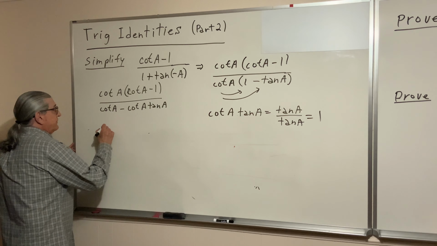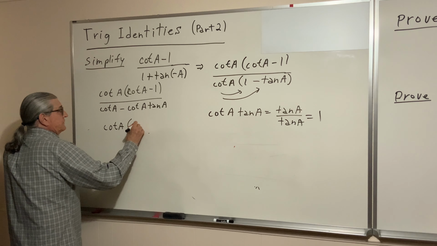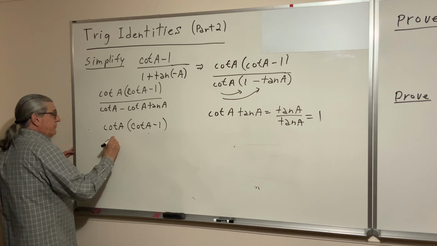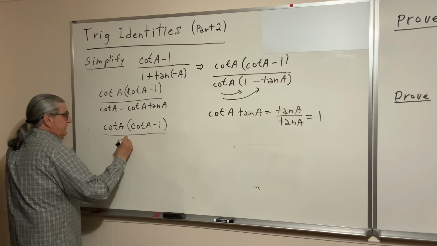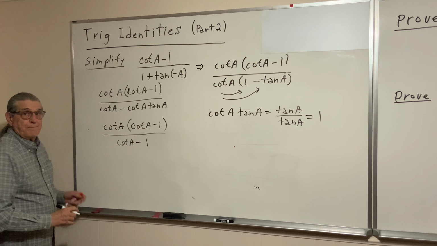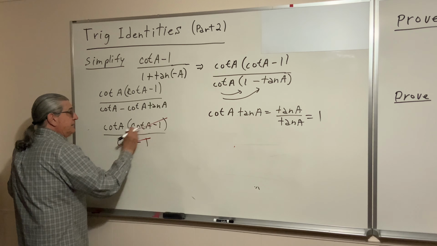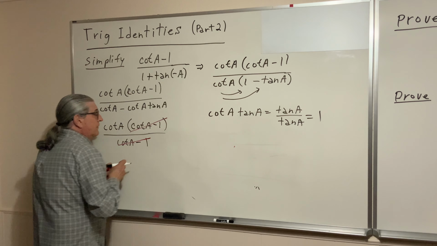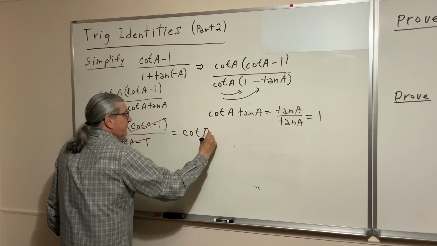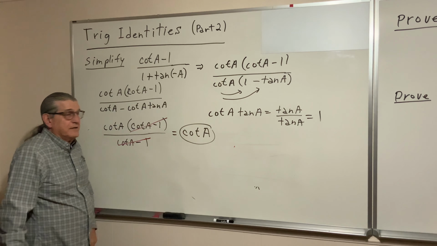So what I have here is the cotangent of A times the cotangent of A minus 1, all over the cotangent of A minus 1. Now look at this. Isn't this nice? These cancel, and you get the cotangent of A. So this reduces to the cotangent of A.